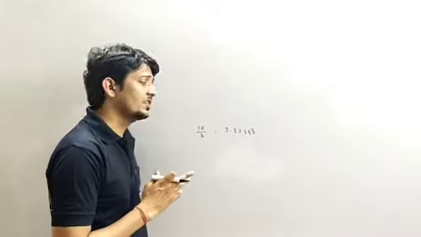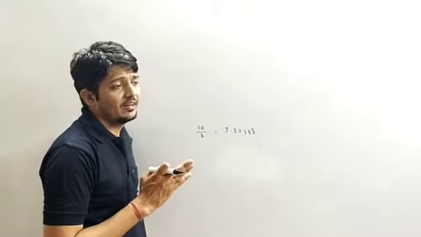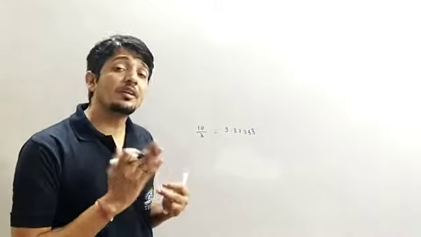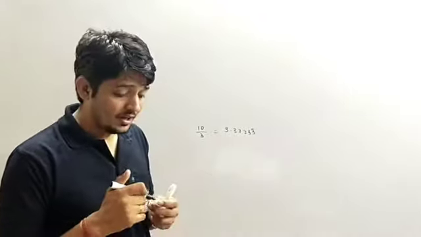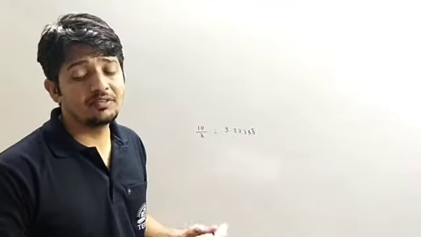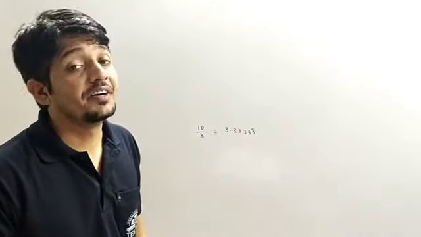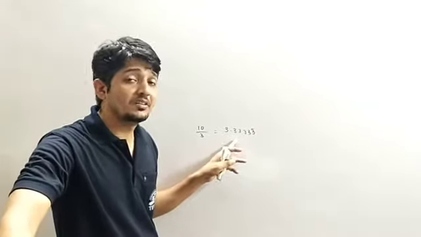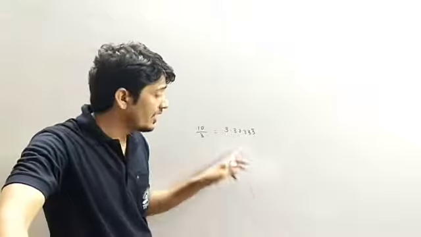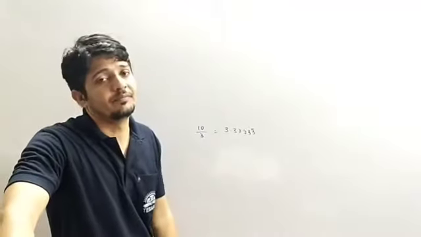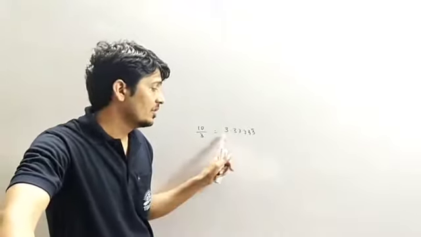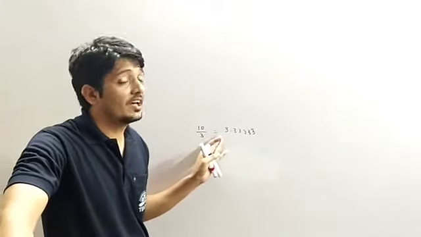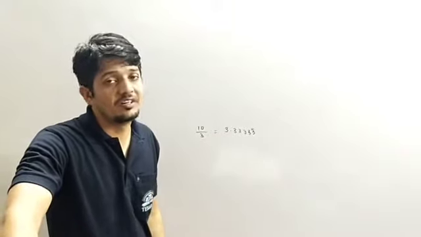No. So such numbers are in decimal form, but they are not of terminating type. If they are not terminating, then we say such numbers are irrational, because we cannot represent such numbers exactly on the number line, as their exact value does not come. That's why we cannot round off such numbers either. That's why such numbers are called irrational numbers.